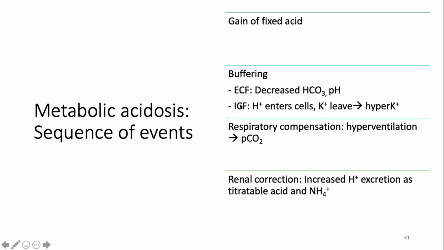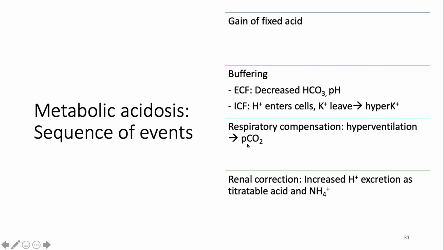And then what happens in the cells itself, because this H plus may enter the cells, the potassium in the cell will then leave in exchange with the H plus. Therefore, you may see hyperkalemia in metabolic acidosis. Okay. Once the buffering is exhausted, but the pH is still acidic, that is when the respiratory compensation takes place.